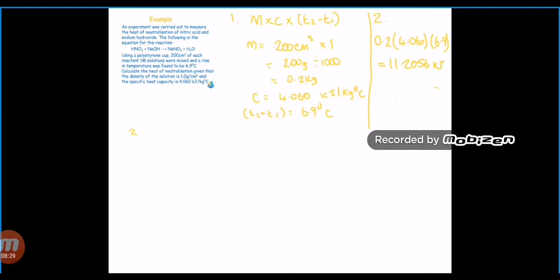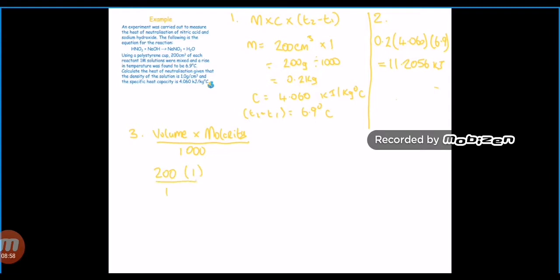Now we need to go and do step 3, and step 3 is linked with the number of moles of HNO3 that are neutralized. So we know that our formula is volume by molarity, and that is divided by 1000. So the volume that we used is 200 centimeters cubed, that's from the question. The molarity is 1 mole.